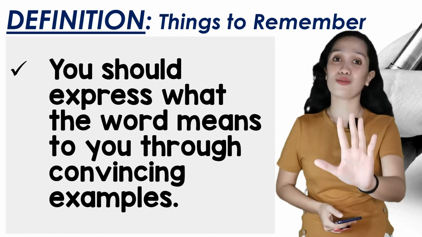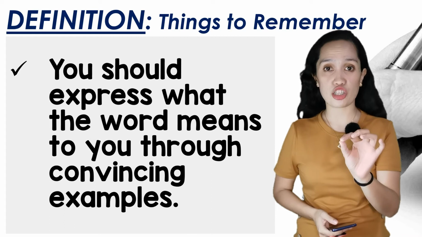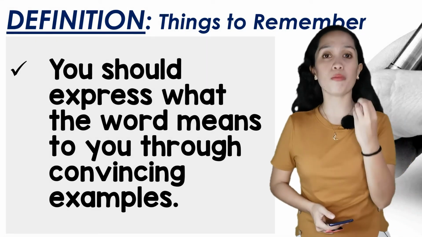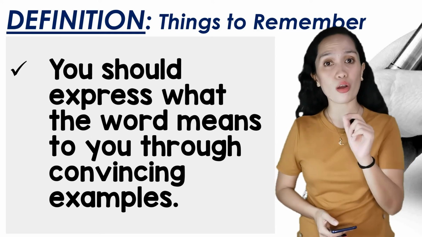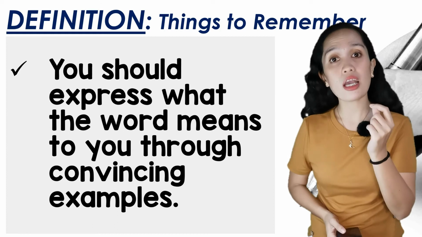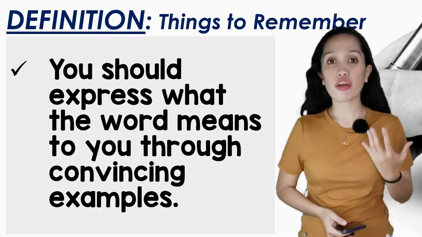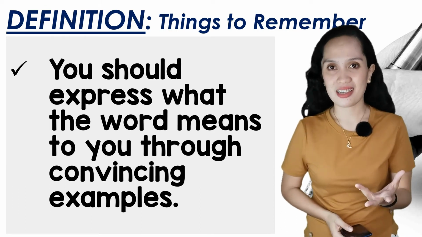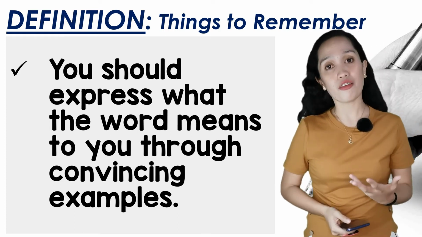So don't get confused. This is not exemplification. This is still definition. But in order to back up your definition and to make sure that your readers understand your definition, you may use specific examples. So for example, you are defining agape. Agape as one type of love.